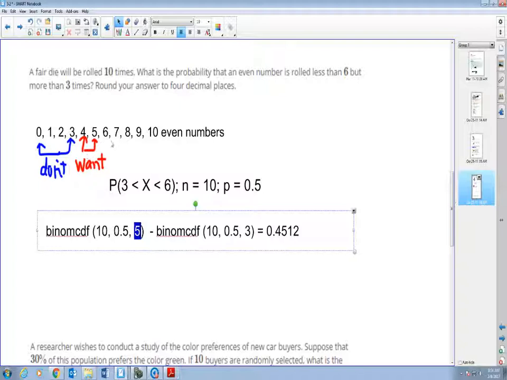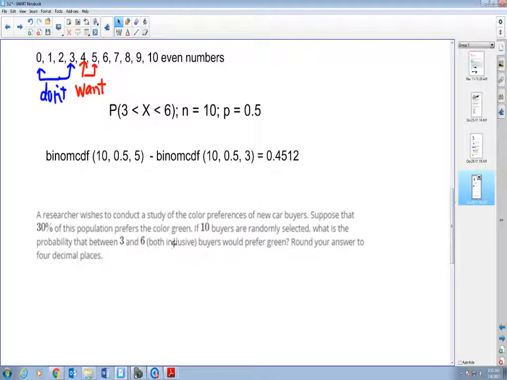Less than 6, more than 3. So cumulative from 0 all the way up to 5 will have what I wanted. Subtract what I don't want, which is 0 all the way up to 3 cumulatively. Alright, that one is rough.